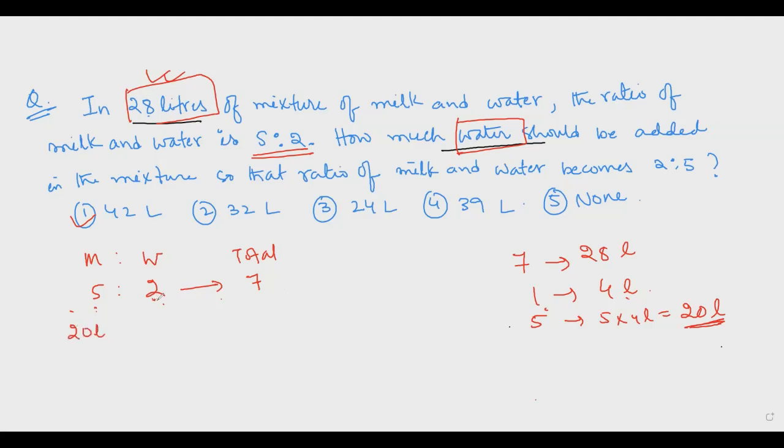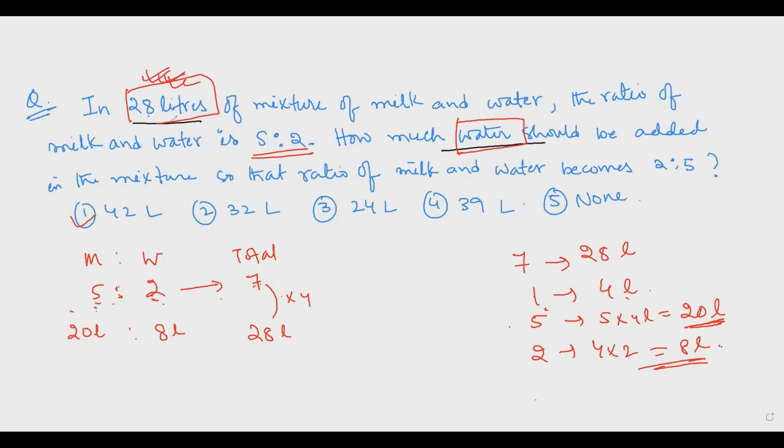How about this 2? The total is 7, and 5 and 2 total is 7.